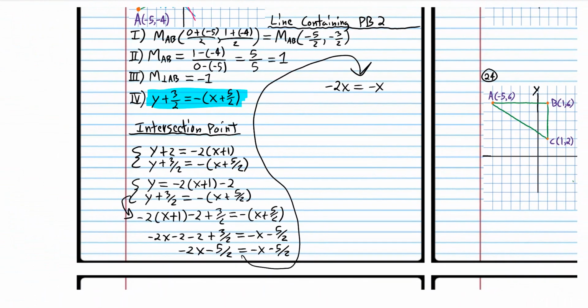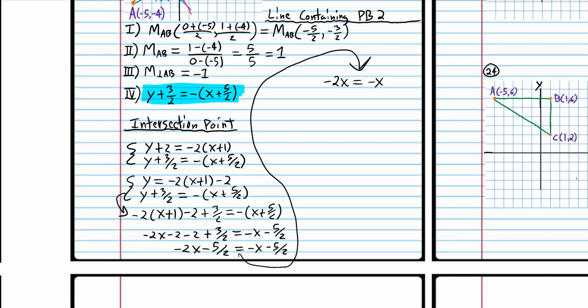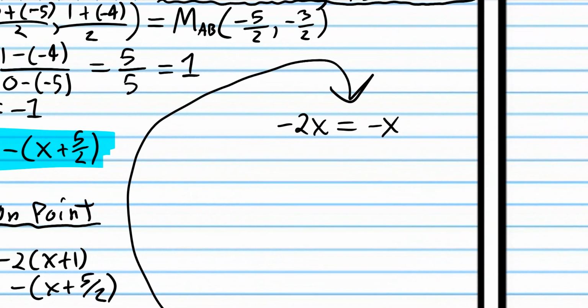And so now we just add x to both sides of the equation, or we can add 2x to both sides of the equation, and we get x is equal to 0, because if you add 2x to this side, it just becomes 0.